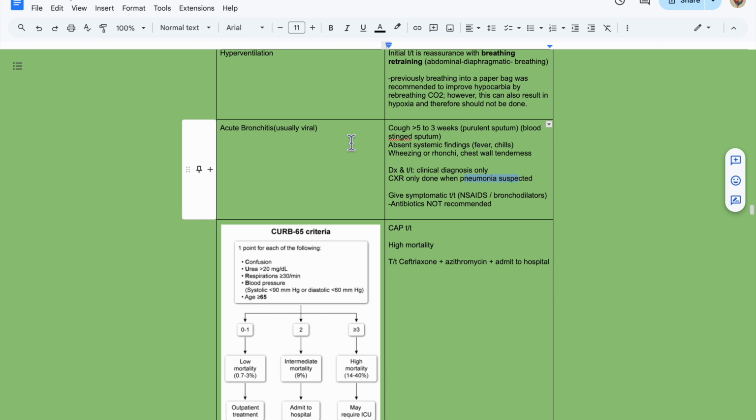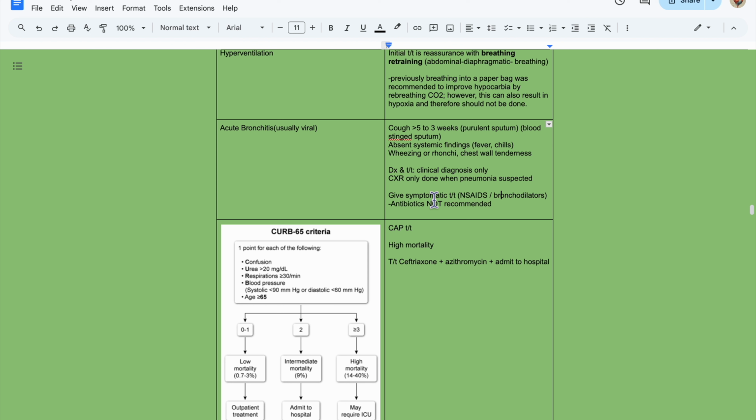Also, if the patient is living in an assisted facility, or they're older, then maybe you want to go with chest X-ray. But if they're young and you know that nothing else is there, then go with this. Okay, so wheezing is for this. Okay, so not pneumonia. Anyways, you get the idea.